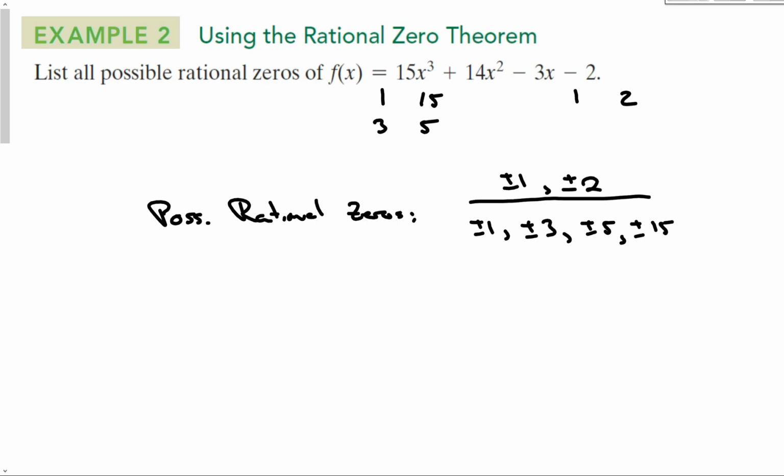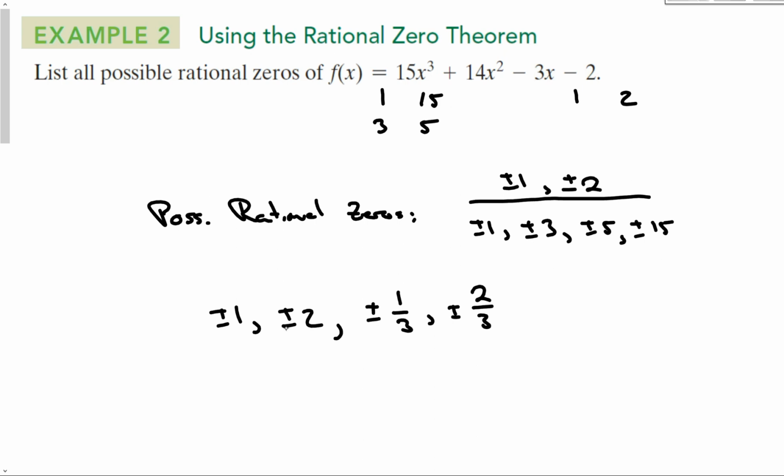All of those are going to be my possible rational zeros. So let's do both of these divided by 1, divided by 3, divided by 5, divided by 15. Well, plus or minus 1, when I divide those both by 1, I get plus or minus 1, plus or minus 2. Okay, let's divide these both by 3. So that's plus or minus 1 over 3, plus or minus 2 over 3.